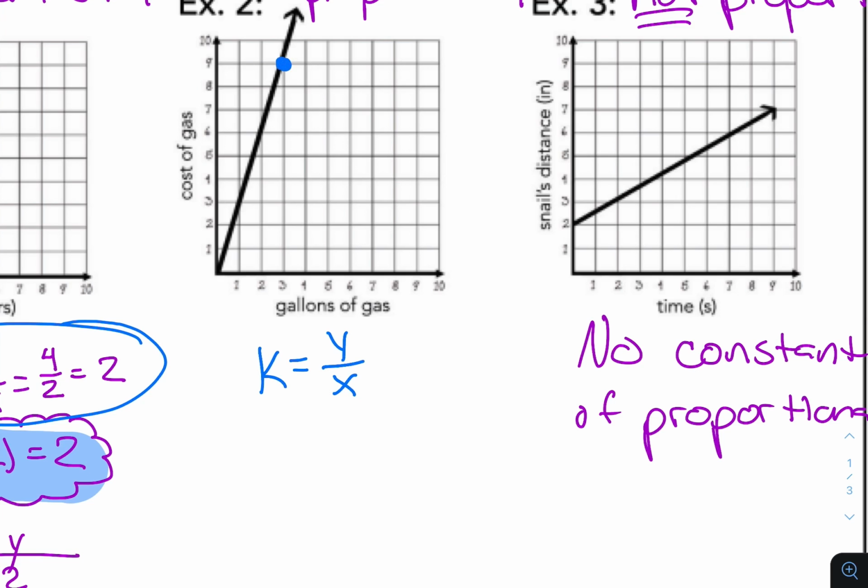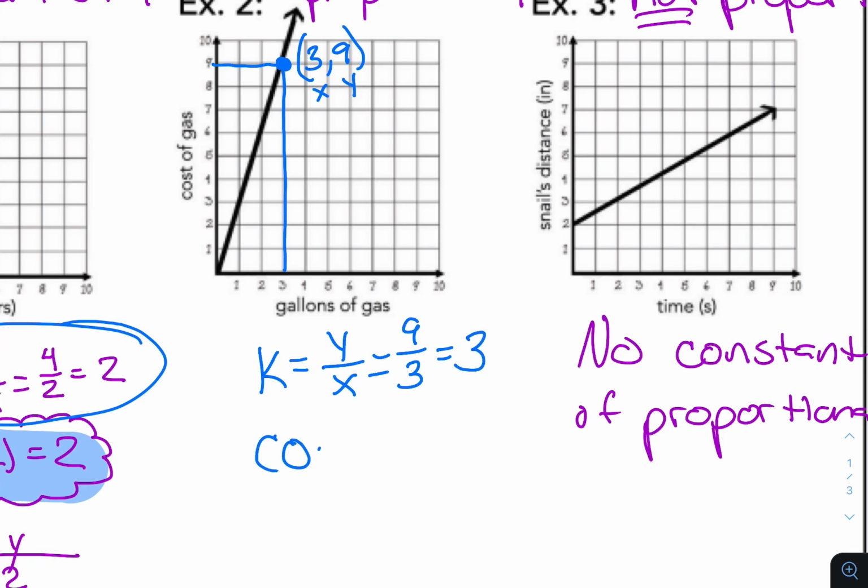This is the point (3, 9), because the x is 3 and the y is 9. Notice how I'm labeling them each time, and that's on purpose so that I don't accidentally do the wrong math here. So let's go ahead and we have 9 over 3, and that simplifies to 3.